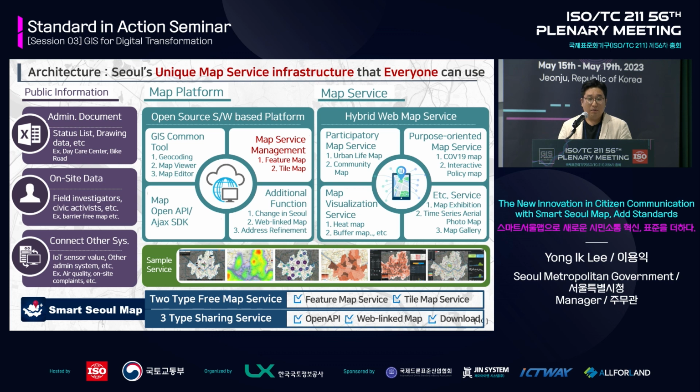As you know, our maps consist of the feature map service and a target map service. We also provide open APIs. The maps are also downloadable.